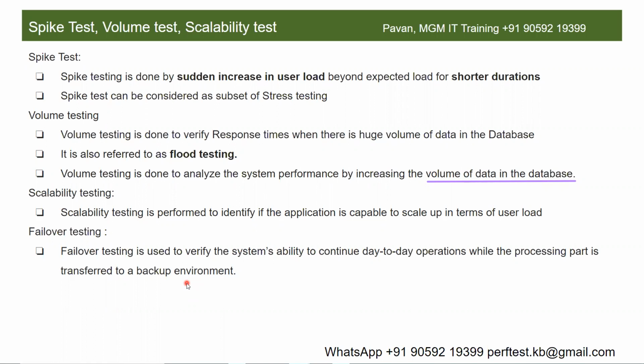Let's say your main environment is in Vizag, or in Japan, and there is an earthquake in Japan, or in the US we have hurricanes. Whenever we have such natural calamities, this backup environment will generally be located in some other city, so that if the main environment is down for some reason, the business continues as usual.